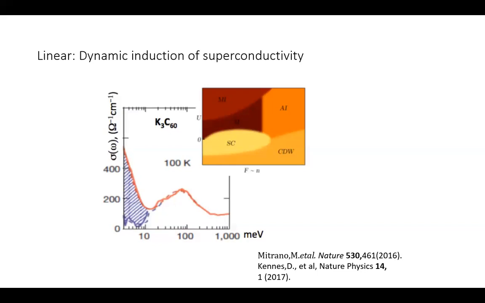But they do this pump-probe experiment where they measure the transient conductivity, and after they illuminate with the pulse, they measure the optical conductivity and show something that is presumably a transient delta function. There is a lot of philosophical debate whether it's superconductivity or not, but at least the idea is that you have a response with possibly superconducting character. And that would be at least a goal.